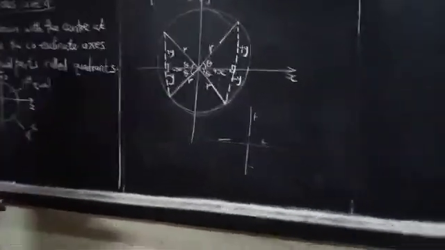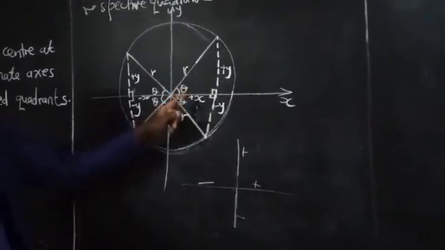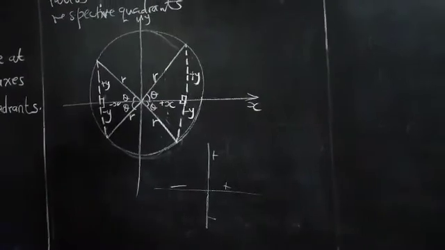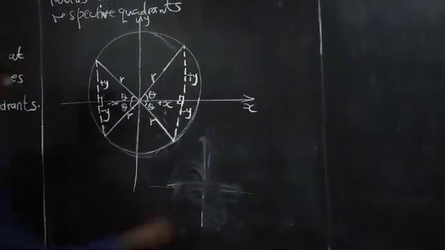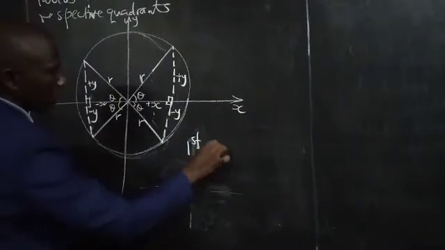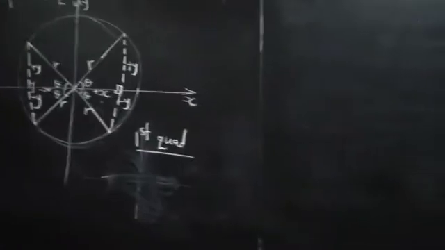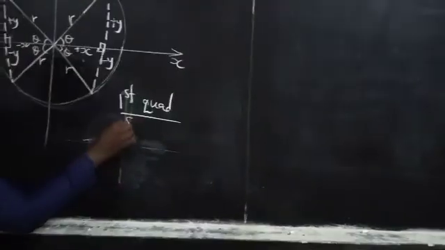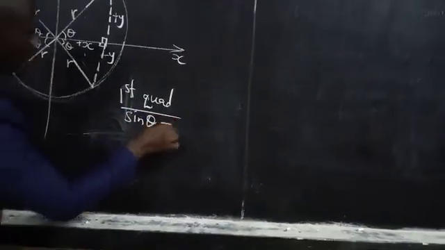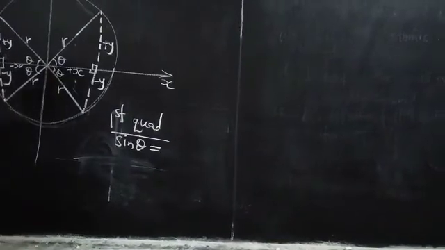We want to consider the first quadrant, and we know the value of the sine, the cosine, and the tangent. I say this analysis is a comprehensive one. First quadrant. What is sine theta? Remember that sine is opposite over hypotenuse, the first lesson.